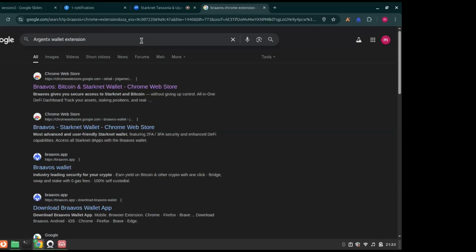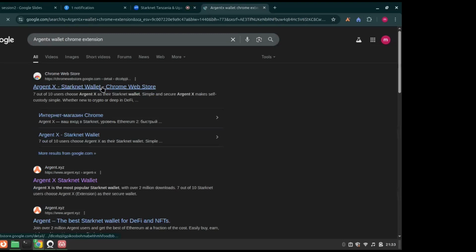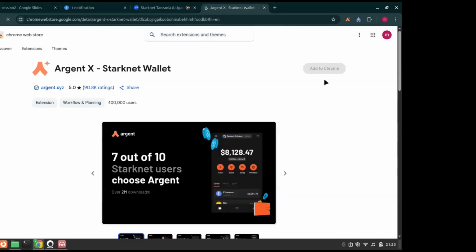You can just search Agent X wallet Chrome extension, and then it will bring you this first one right here, and then you'll do a similar thing. If you didn't have it, it will tell you add to Chrome.